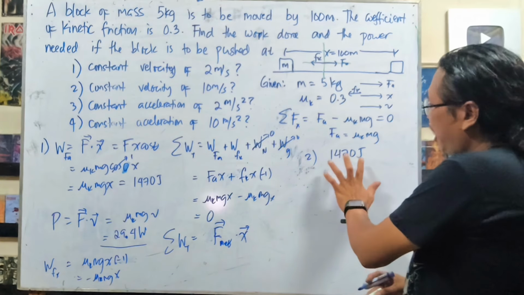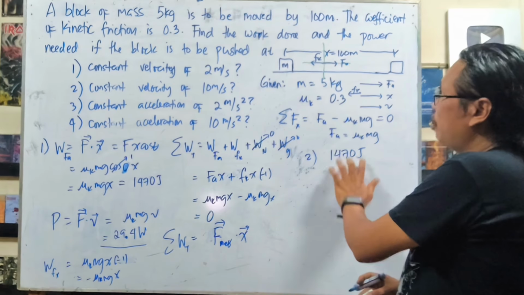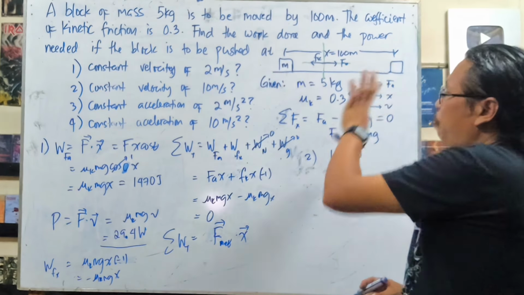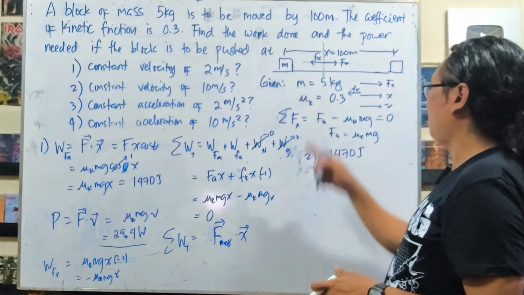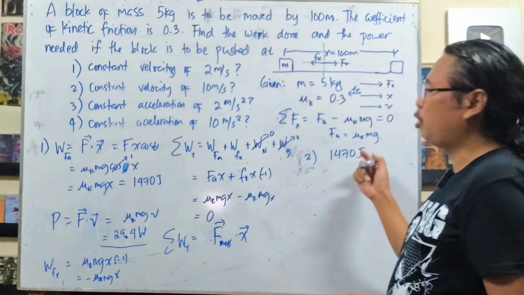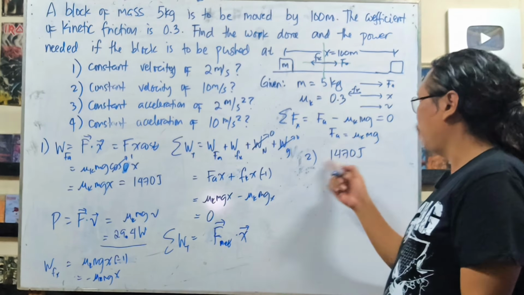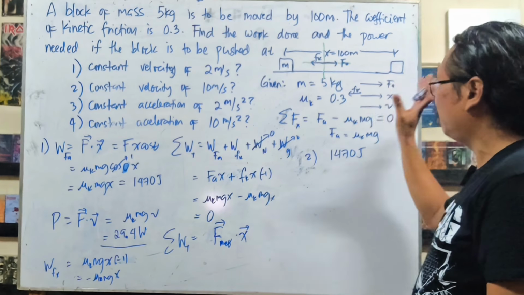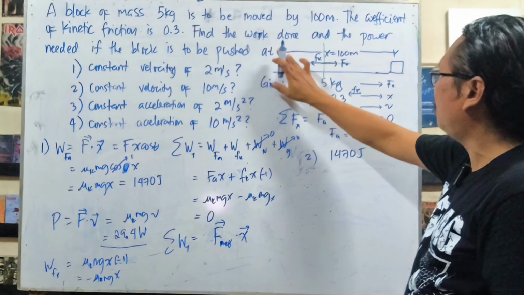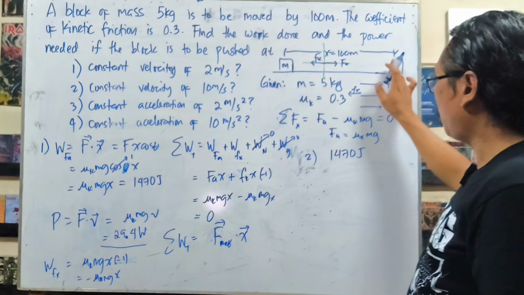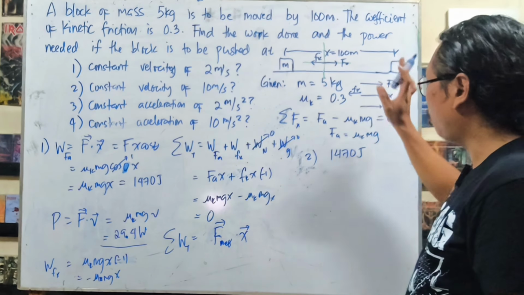Meaning that this is the energy that you would consume in order to move this from this point. If you're pushing the machine, you will be losing an amount of 1,470 joules, divided by 4.180 to get calories, in order to move this mass right here to this point. This is the energy that you consume.